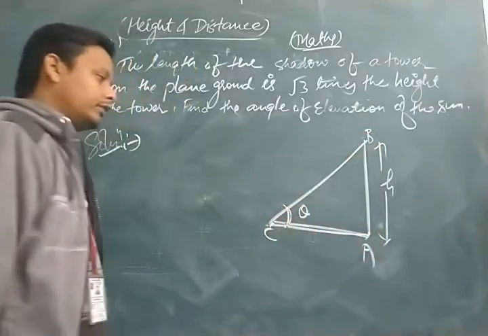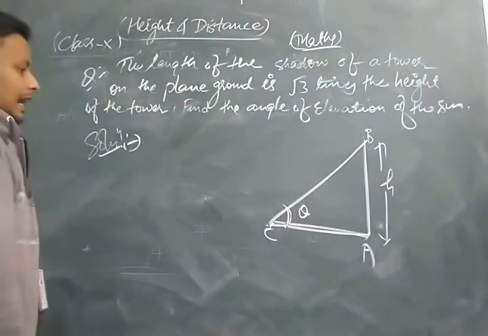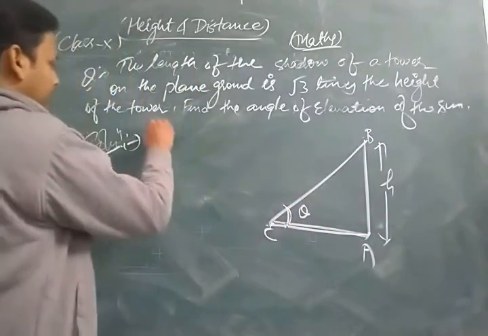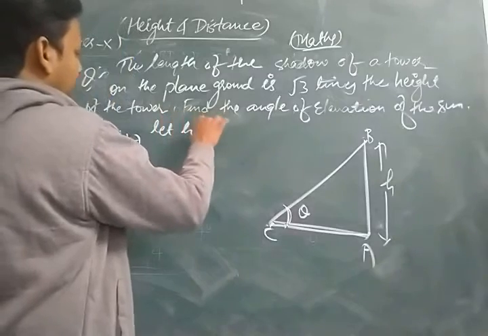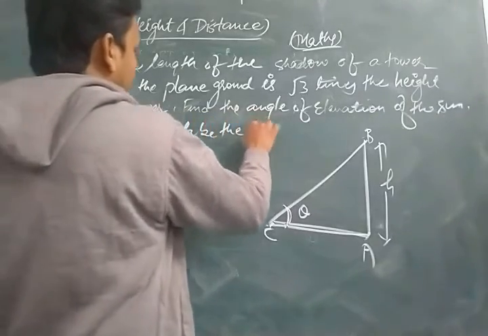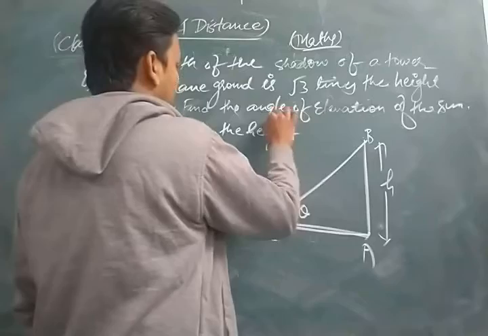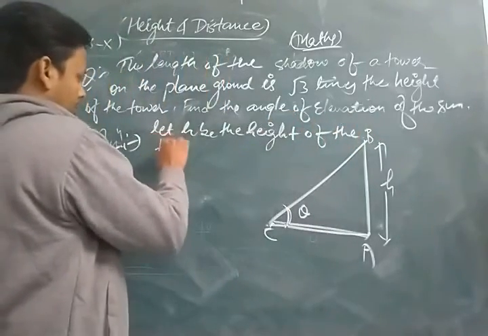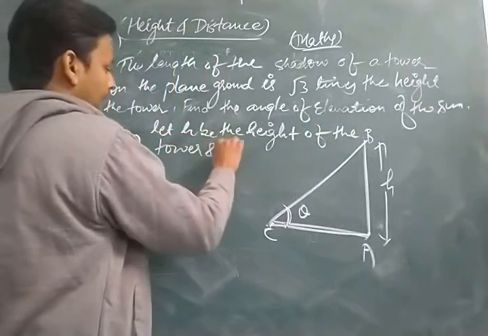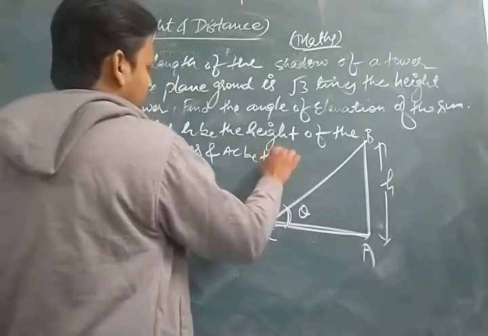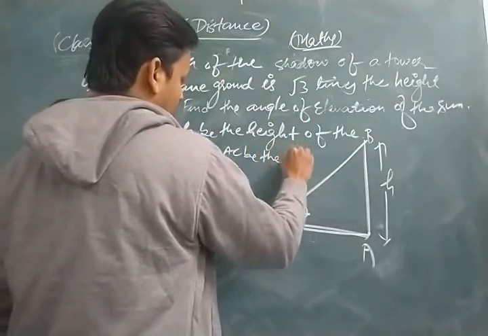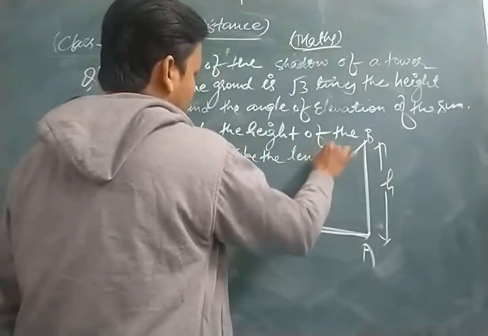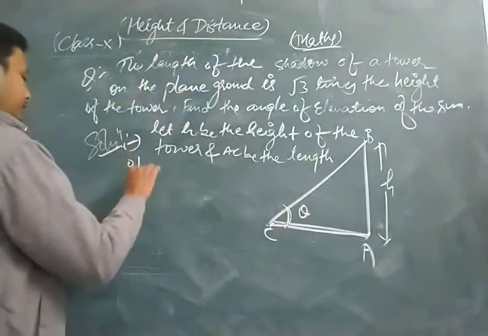Let the angle of elevation be theta. Let h be the height of the tower and AC be the length of its shadow.